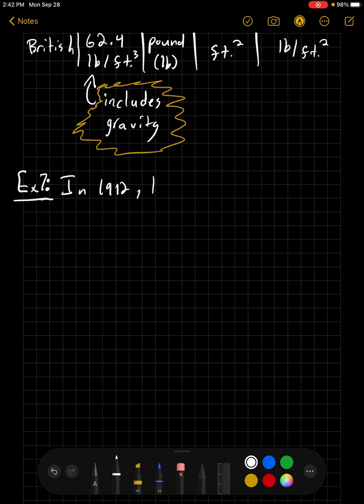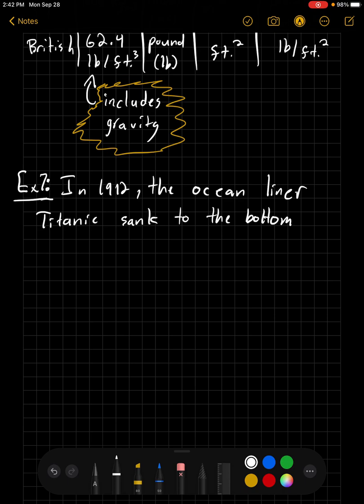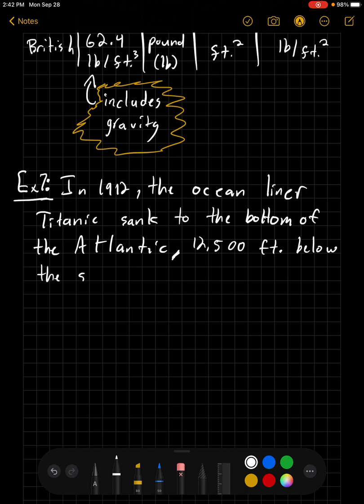In 1912, the ocean liner Titanic sank to the bottom of the Atlantic, which is 12,500 feet, basically 2.5 miles below the surface.